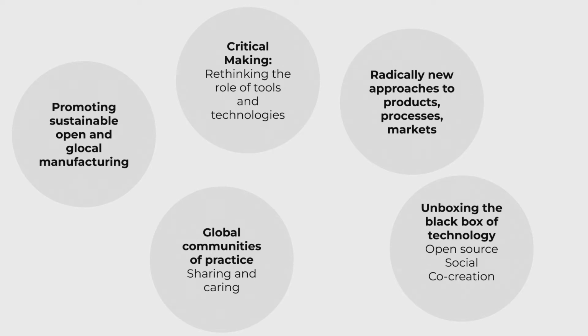How we can create communities of practice that are global, about sharing and caring, and also being very radical in the way we consume, we produce, we approach products, processes, and markets. And lastly, being critical on making and reflecting, which is rethinking the role of tools and technologies.